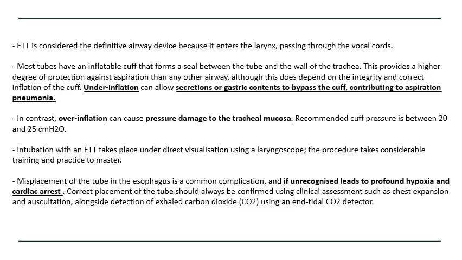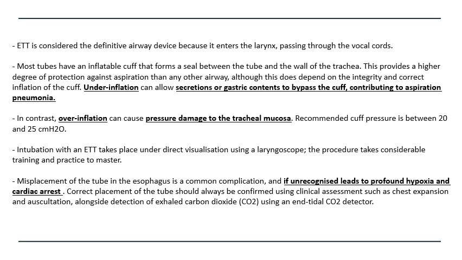Endotracheal tubes. The endotracheal tube is considered the definitive airway device because it enters the larynx passing through the vocal cords. Most tubes have an inflatable cuff which forms a seal between the tube and the wall of the trachea, and this provides a higher degree of protection against aspiration than any other airway device, although this does depend on the integrity and the correct inflation of the cuff.